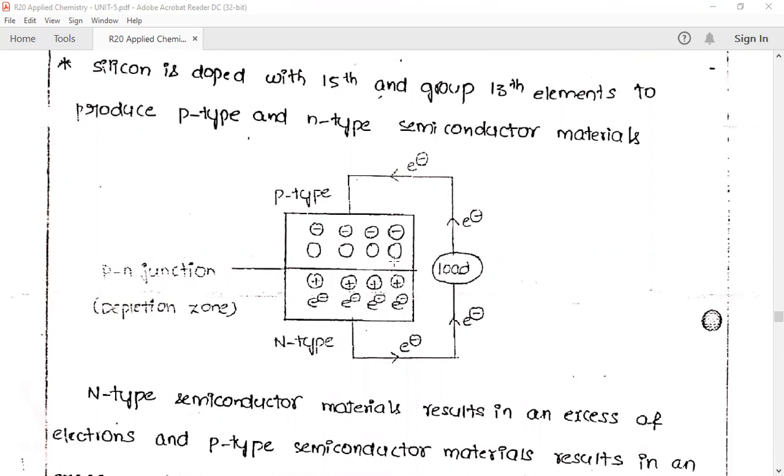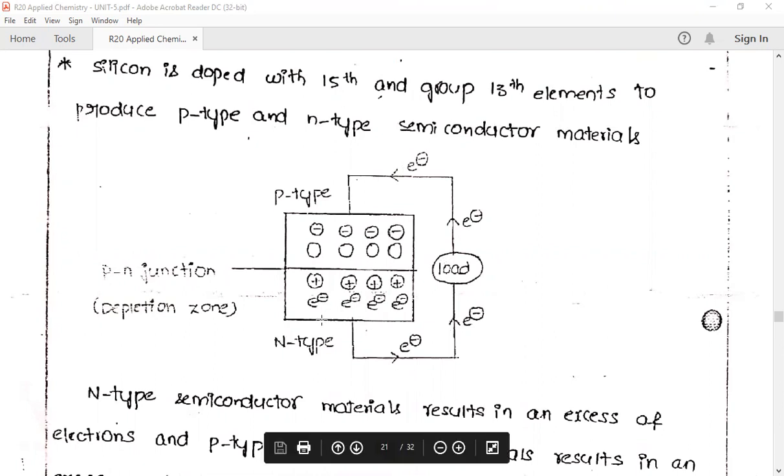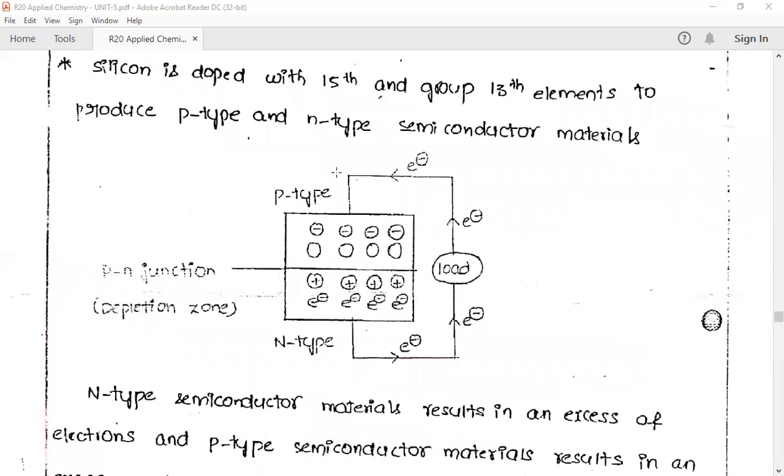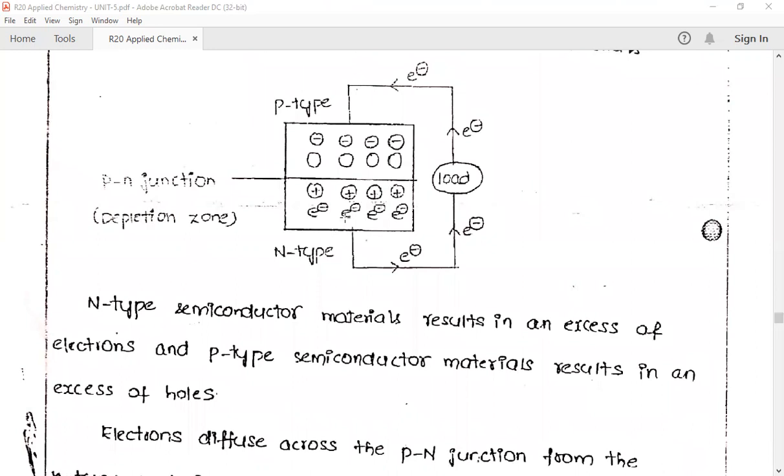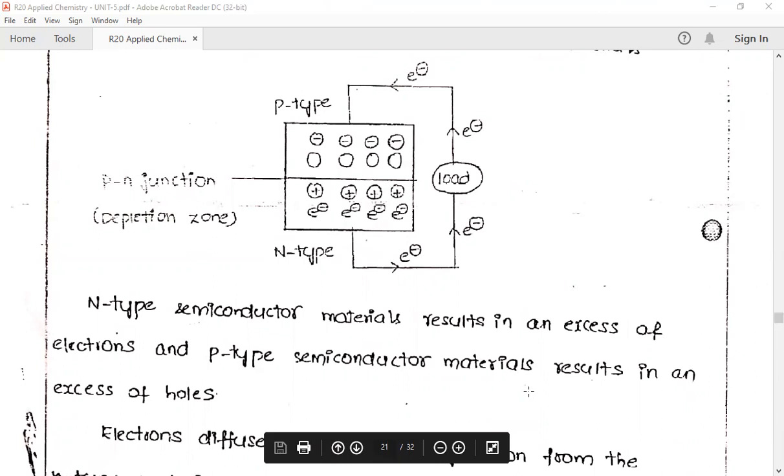If the p-type and n-type semiconducting materials are connected to a voltage, then electrons are thrown from the n-type to the p-type material, which results in an excess of electrons, and the p-type results in an excess of holes.